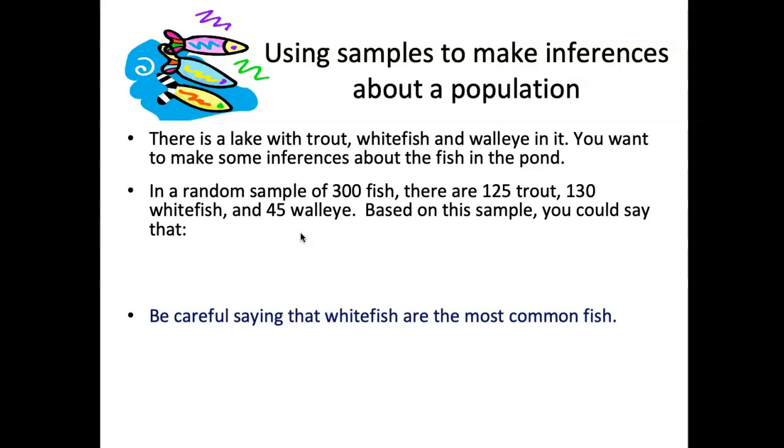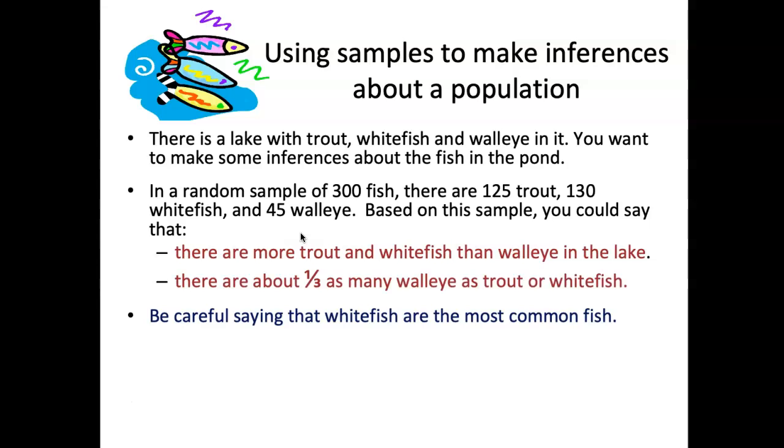In your random sample, you got 300 fish and 125 of them are trout, 130 whitefish, and 45 walleye. So based on this sample, you could say that there are more trout and whitefish than walleye in the lake.